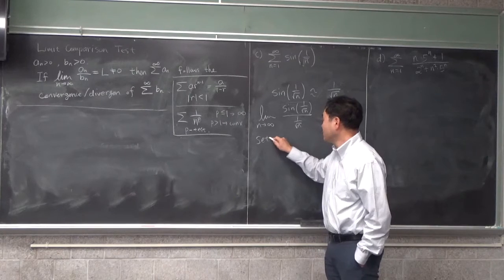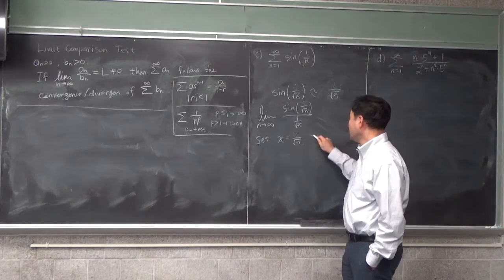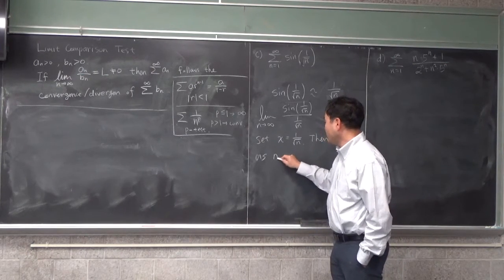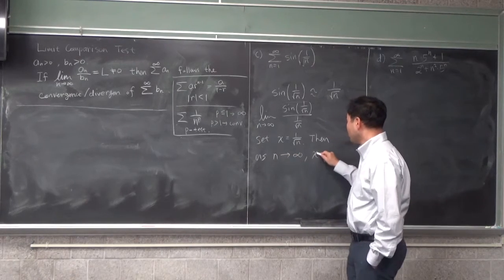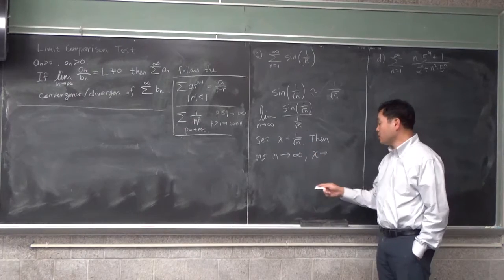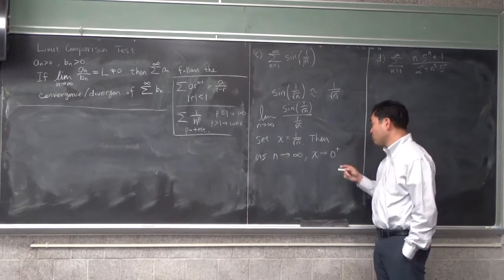Set x as 1 over square root of n. Then, as n goes to infinity, x goes to where? 0, right? If you plug in infinity, you get 0. x goes to 0 plus. It's never negative, so it's 0 plus.